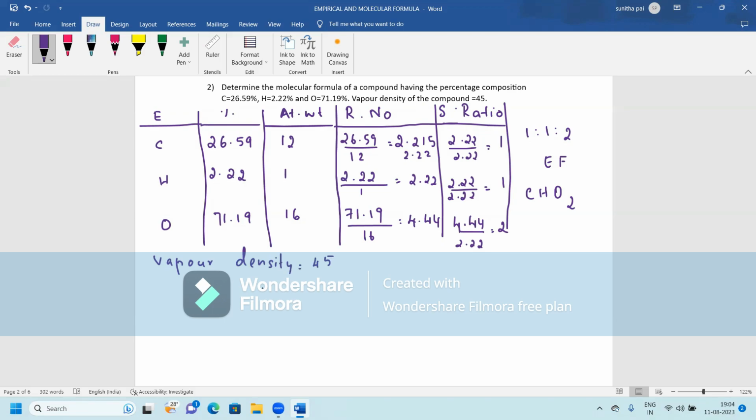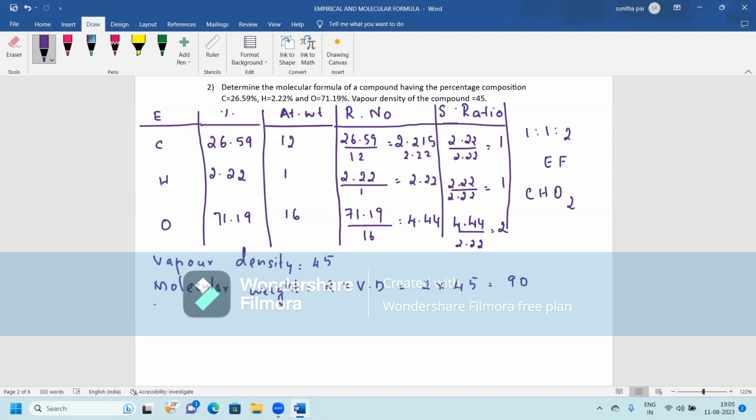When vapor density is 45, we must know that molecular weight of any compound is twice the vapor density. So it is 2 into 45. So molecular weight is now 90.